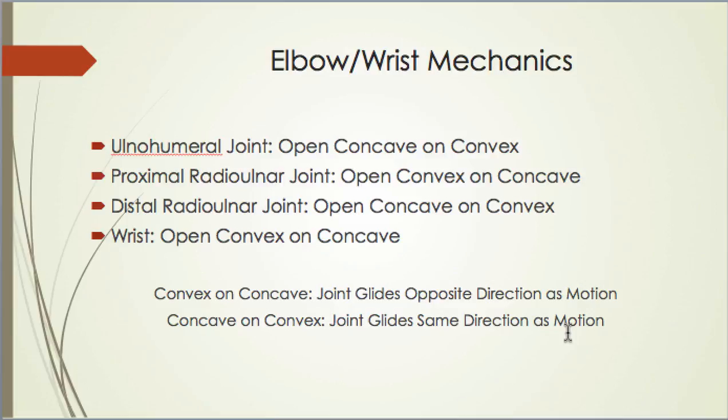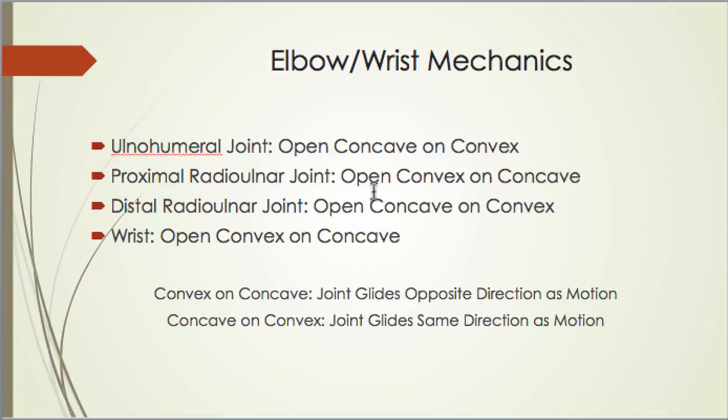So the shoulder is pretty easy to visualize, and we'll review that a little bit in class, and that'll make more sense to you. So the proximal radioulnar joint, in the open chain it's convex. That's the radial head on concave, the fossa on the ulna.